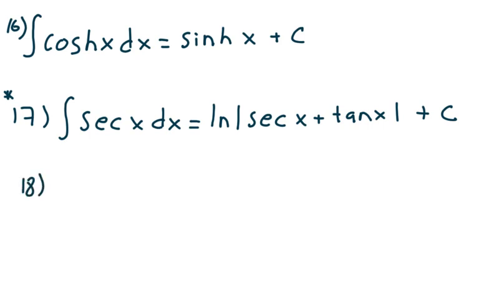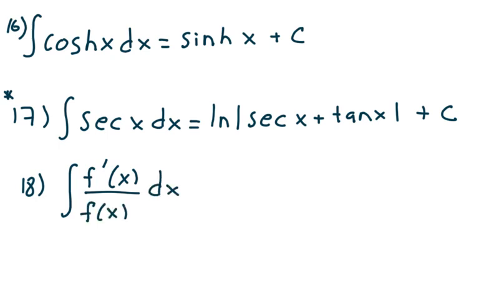And then number 18, if I have the integral of f prime of x over f of x dx. So let's make sure we understand this one. And I'm going to do a u substitution. I'm not saying to never do a u substitution, but I'm trying to limit how often we do a u substitution. So I'm going to let u equal f of x.